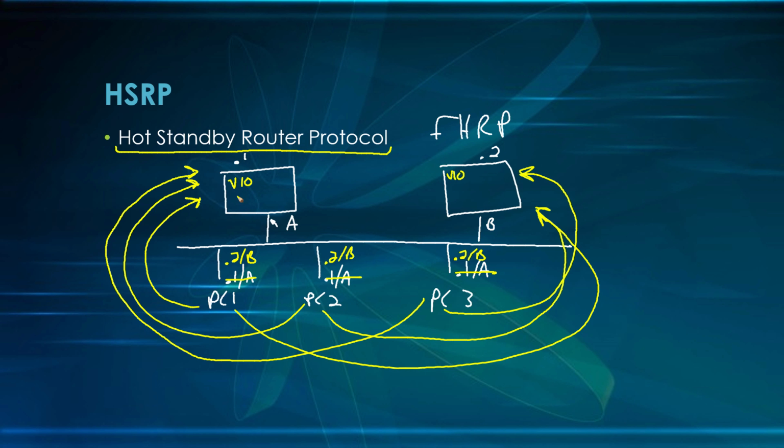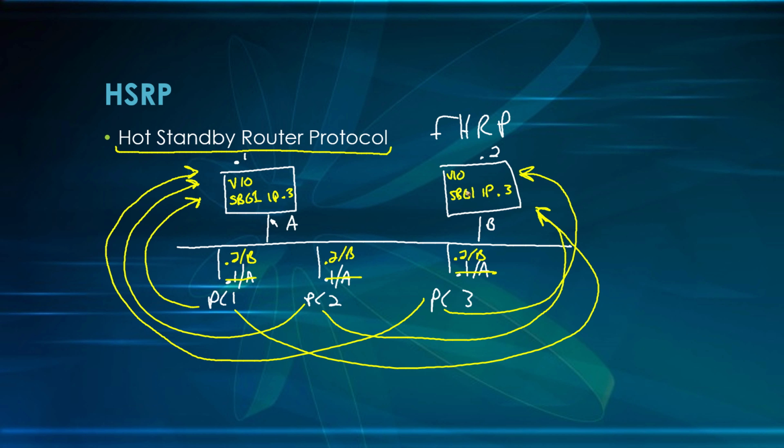So I use the standby command: standby group 1, and I set the IP to .3. Okay, an IP that we haven't used. Same thing over here, standby group 1 IP .3.